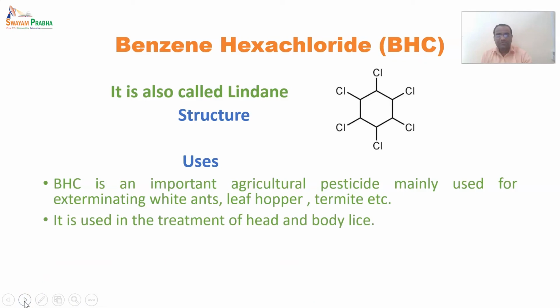Also, it is used in treatment of head and body lice, and it is used to treat scabies, and due to its antibacterial properties, it can be used to treat scabies also. Also, it is used in shampoos. So these are some uses of BHC, that is benzene hexachloride.